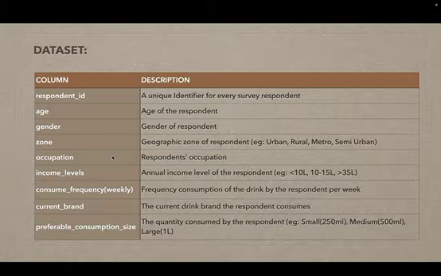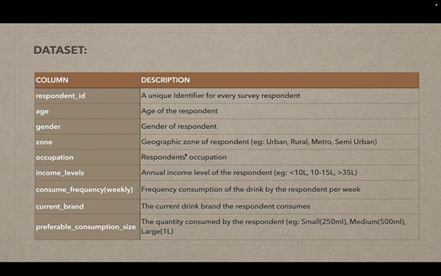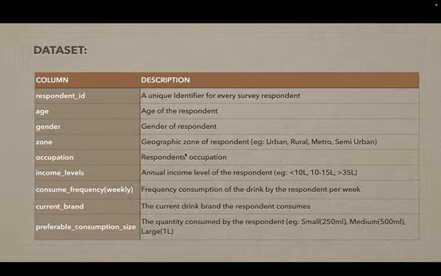The dataset contains 21 columns, out of which 17 are original columns and the other 4 are derived columns, which were derived from the original columns. The first one is respondent ID, next is age of the respondent, gender of the respondent, geographic zone of the respondent, respondent's occupation, annual income level of the respondent, frequency of consumption of the drink by the respondent per week, the current drink brand the respondent consumes, and the quantity consumed by the respondent.